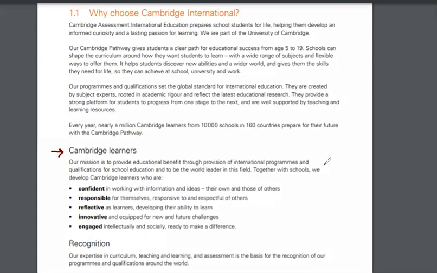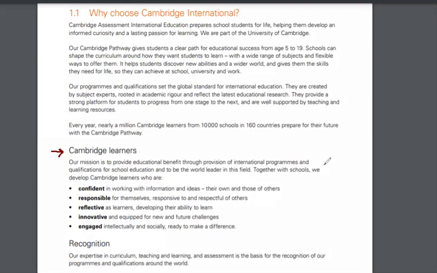Point 1, that the learners are confident in working with information and ideas. Now, these ideas can be their own and those of others. Responsible for themselves, responsive to and respectful of others. Reflective as learners, developing their ability to learn.